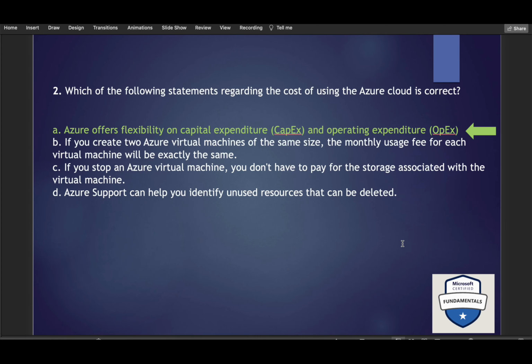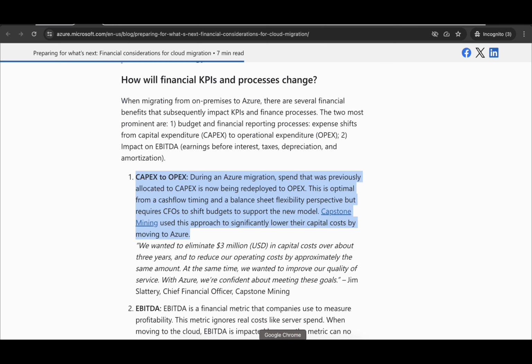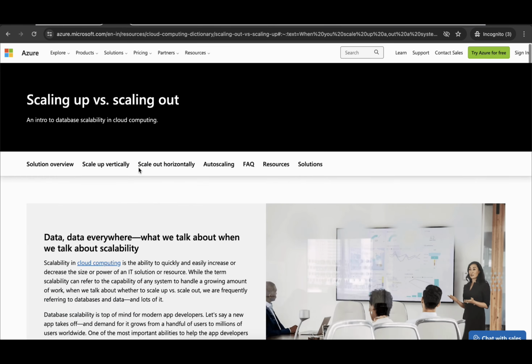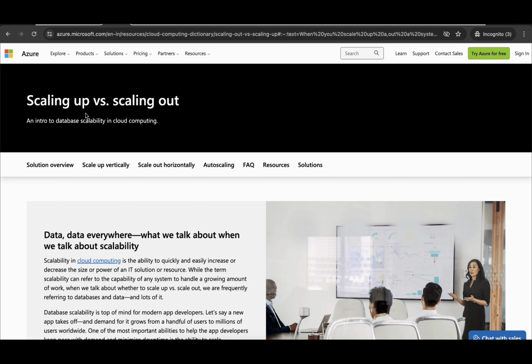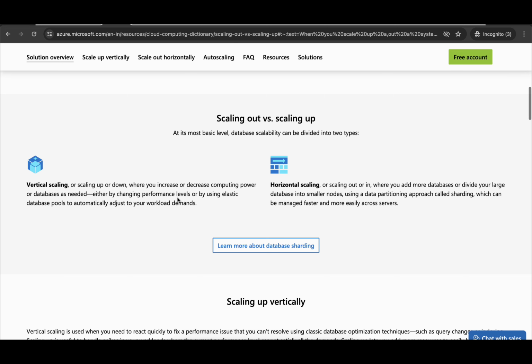Going back, question 3: when should you scale out your deployment? For this, you have, from Microsoft itself, scaling up versus scaling out. Here they are talking about vertical scaling, which is scaling up or down, when you increase or decrease computing power.